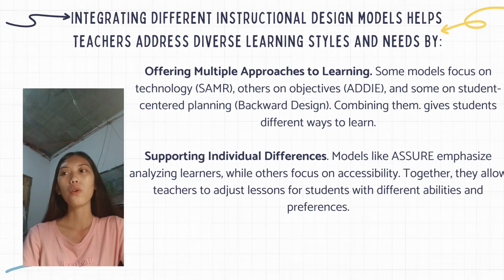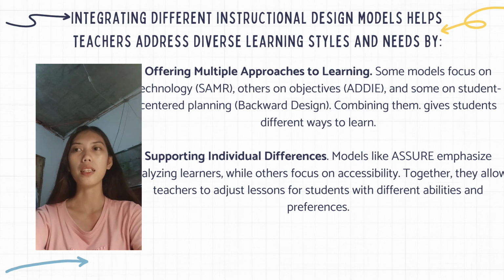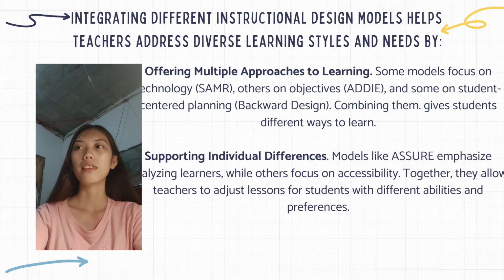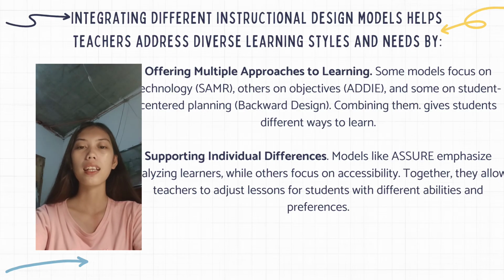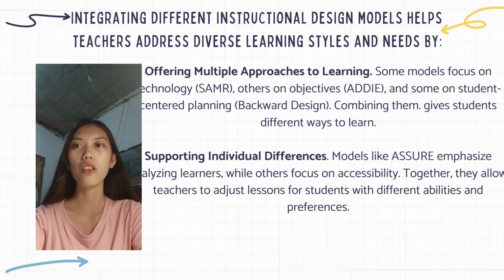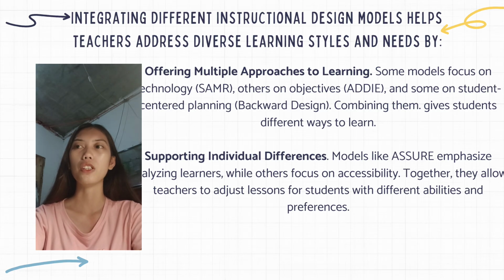So together, they allow teachers to adjust lessons for students because they can adjust the lesson after analyzing first. Next is balancing structure and flexibility. A single model may be too rigid, but integrating models lets teachers adapt to various contexts such as online, blended, or face-to-face learning.